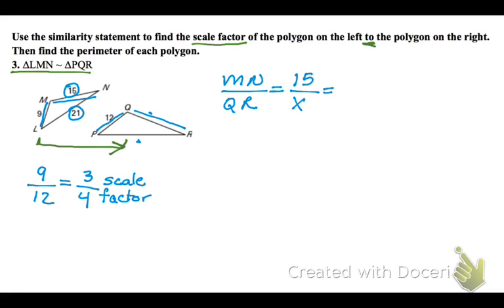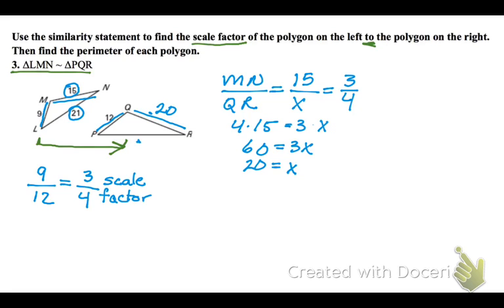And we know it's going to be equal to 3/4 because that's our scale factor. So we have 4 times 15 equals 3 times x. 4 times 5 is 20, carry the 2, 60 equals 3x. X is equal to 20. So here we have 20.